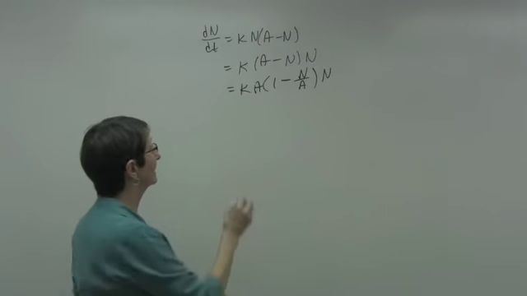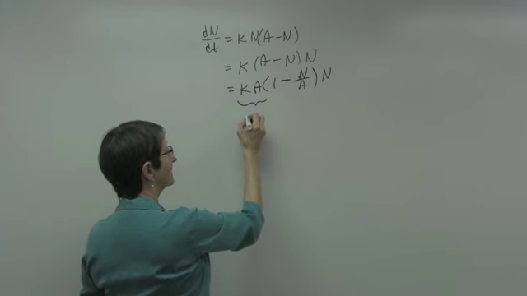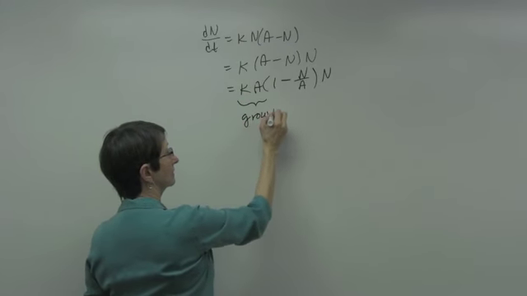The thing that's nice about this is that K times A is the growth rate.